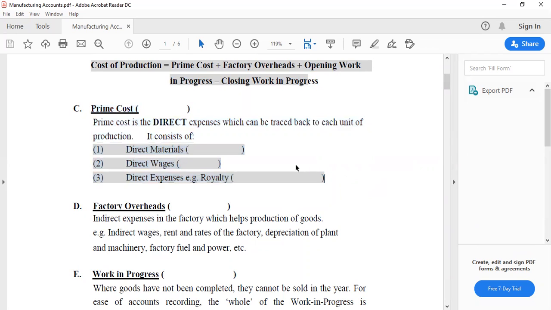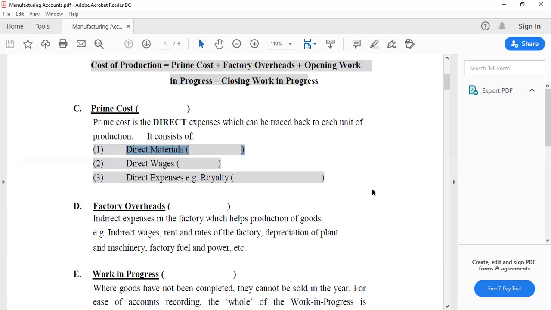Under prime cost, we have three costs: the cost of direct materials, the cost of direct wages, and the cost of direct expenses. Direct materials are those materials that can be directly traced to the final product.